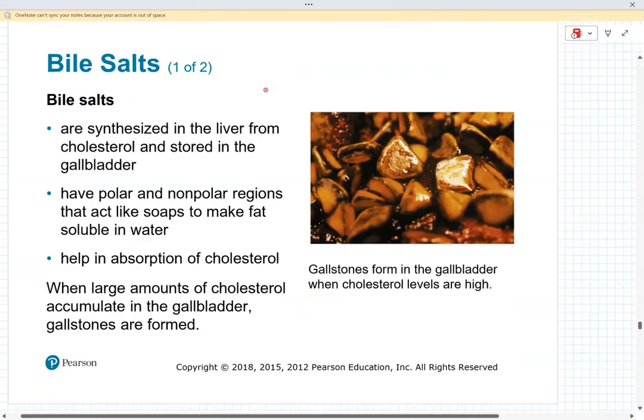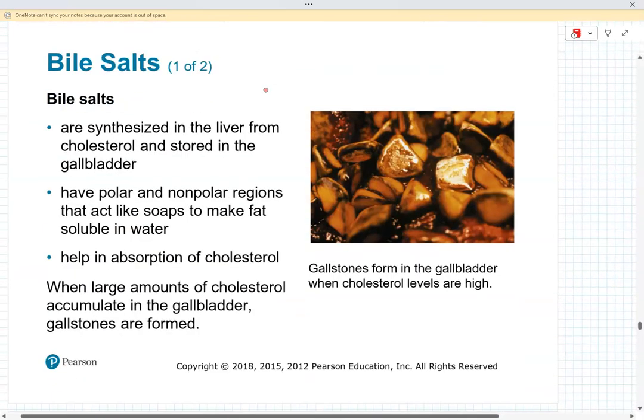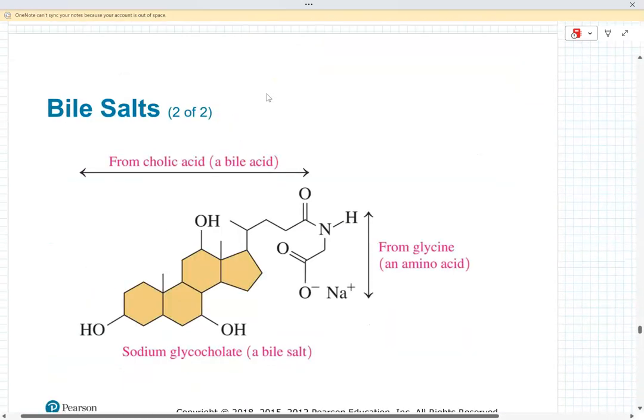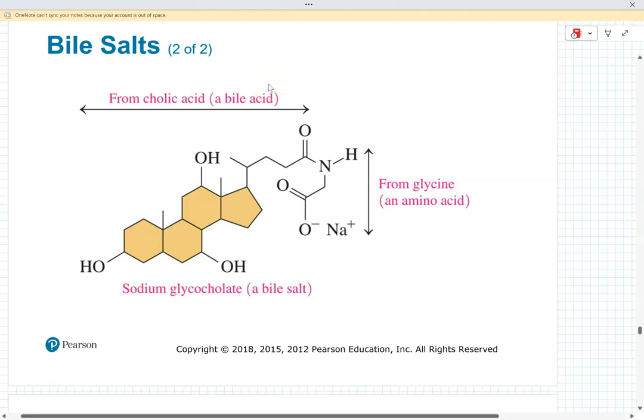Okay, now bile salts. Bile salts help in absorption of all fats, actually, not just cholesterol. Okay? So this is what a bile salt looks like.